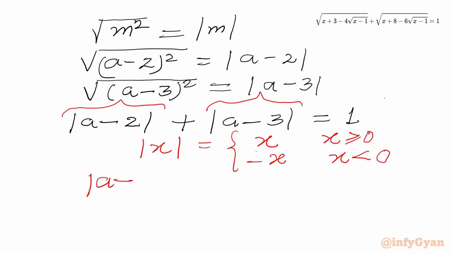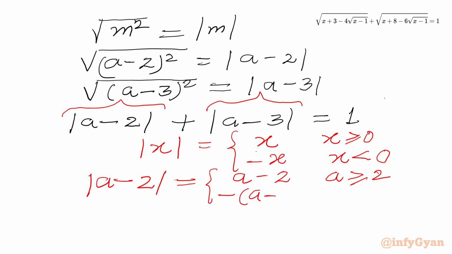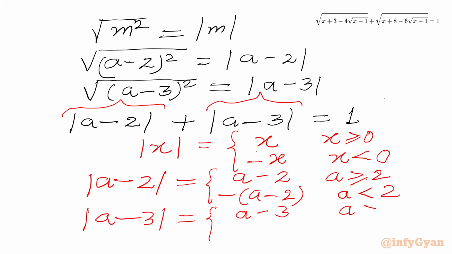Mod of a minus 2 will be equal to a minus 2 if a is greater than or equal to 2, and it is minus of a minus 2 if a is less than 2. Similarly, mod of a minus 3 would be equal to a minus 3 if a is greater than or equal to 3, and it would be minus of a minus 3 if a is less than 3. So we have to apply these basic formulas in our equation.